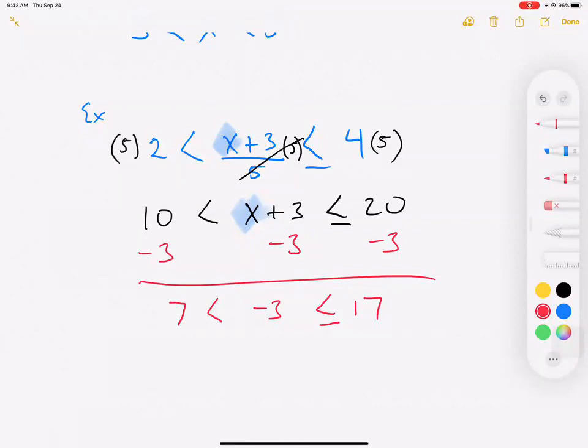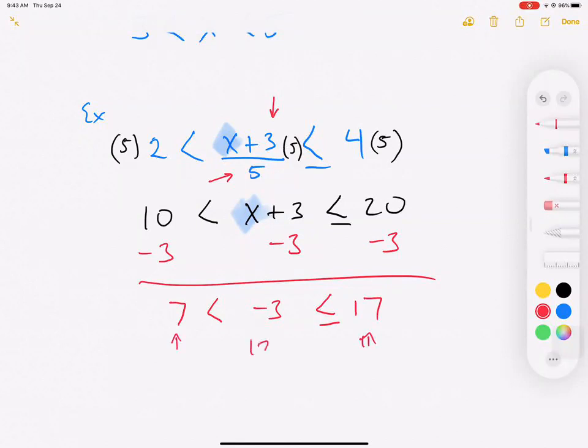So I'm going to pick a number to check, a number between 7 and 17. Think of a number that if I add 3 to it, you can still divide by 5. I said the answer, 12.